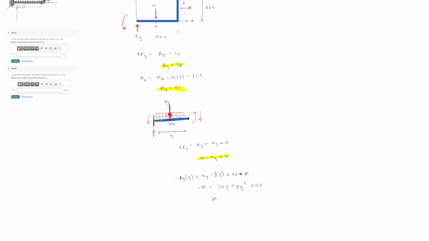So the final answer is M equals 16y minus 2y squared minus 40. I didn't mean to put this right here. So 16y minus 2y squared minus 40. And that is the final answer. I hope that helps. Thank you guys.